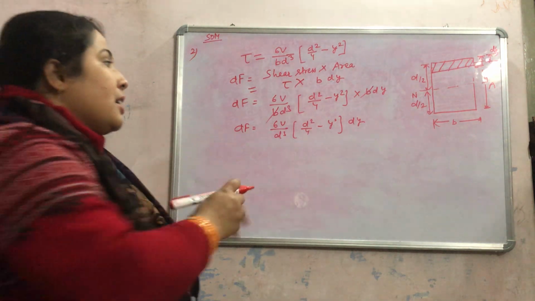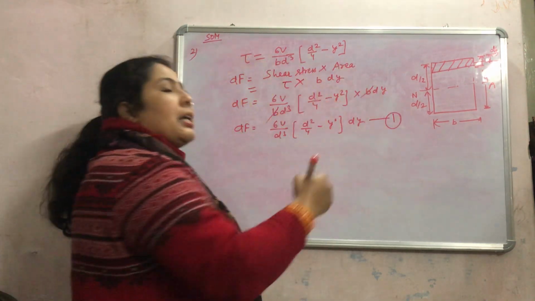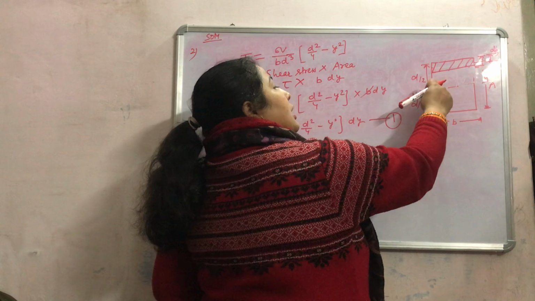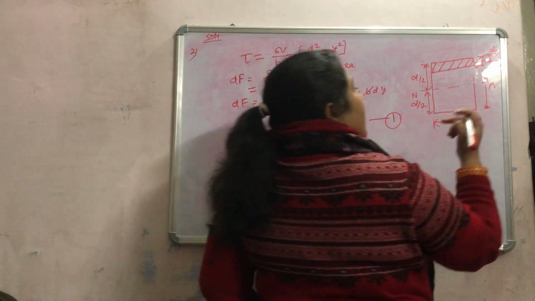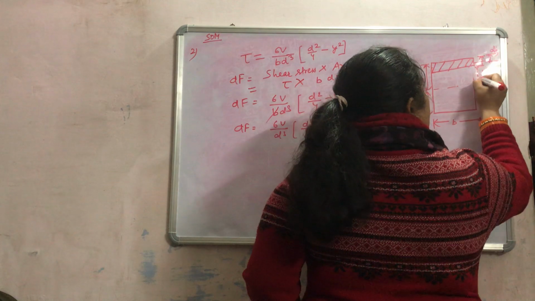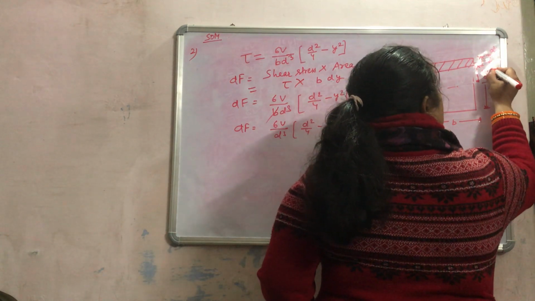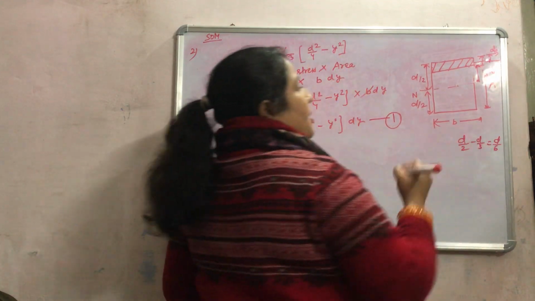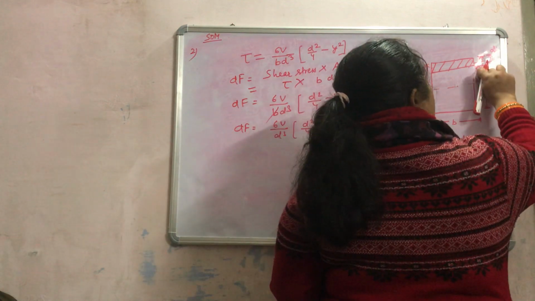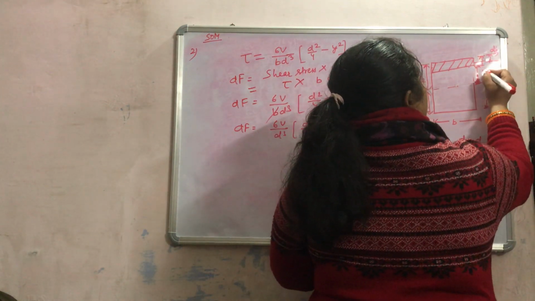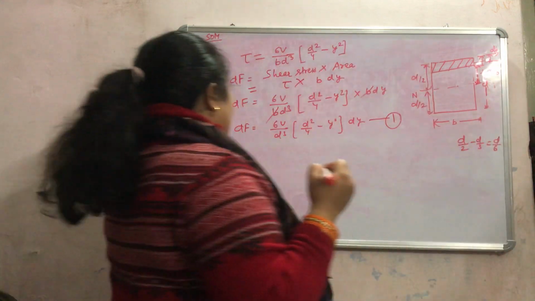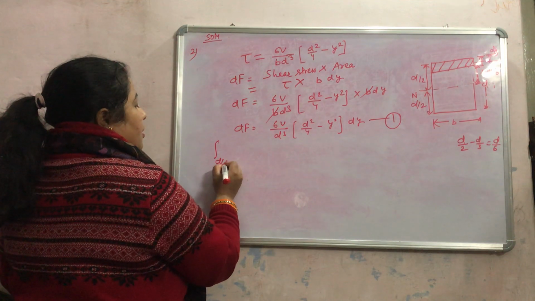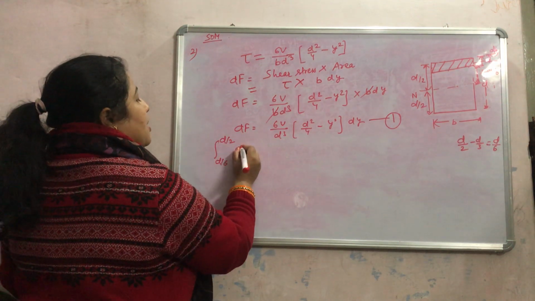We integrate this equation with limits of d by 6 to d by 2, because the total length from the neutral axis is d by 2 and the remaining distance is d by 6, because d by 2 minus d by 3 equal to d by 6. This distance is d by 6. Okay, so integrate this equation from d by 6 to d by 2.